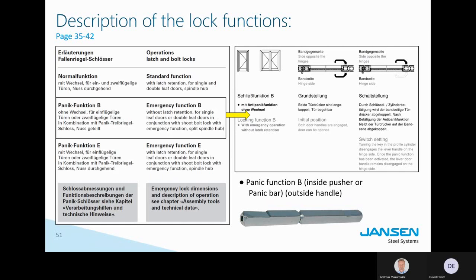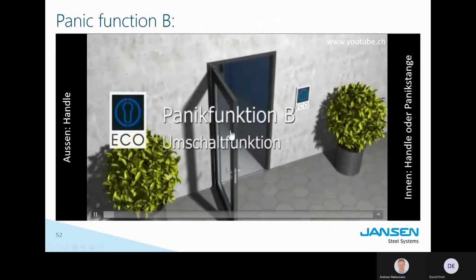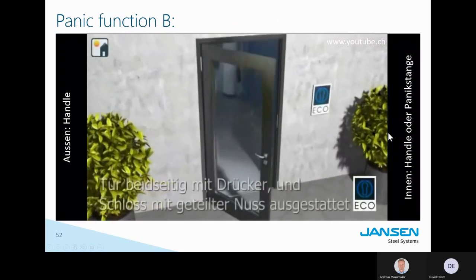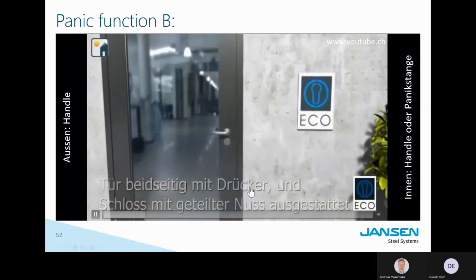It allows the re-entering of the building, so it will not disengage the outer handle. It will keep it engaged. And here we have actually also a video. I will send you the video which describes the functioning of the lock in this case. This is in German, but I'm sure you will find on YouTube also the video in English.